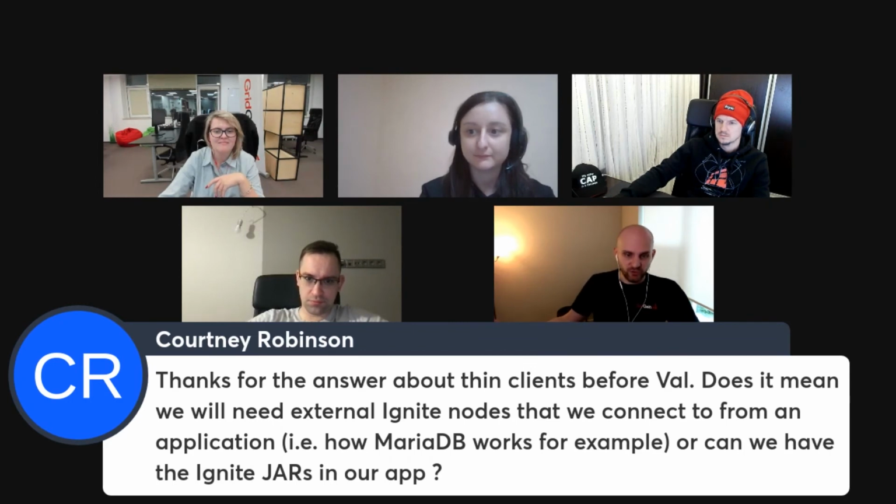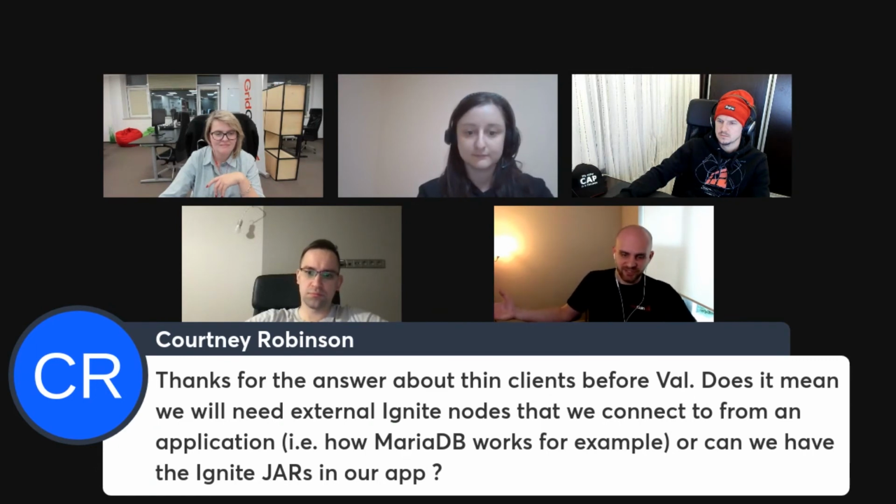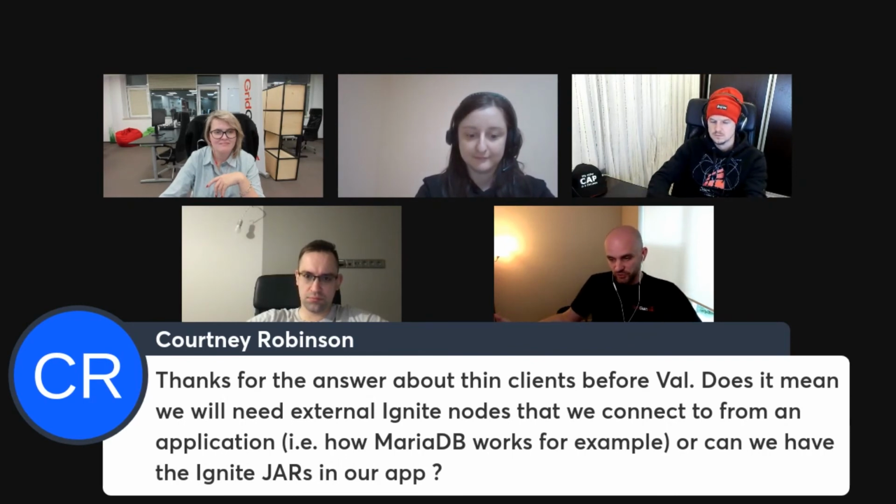But the APIs are going to be the same, and that's essentially the whole point. We want to unify those APIs. We don't want to have client APIs and then server-side APIs that are similar but different. So we want to avoid this. We want to have the same set of APIs, which can be used on the server side within compute and service grid, and also on the client side through the binary protocol. I hope that answers the question.